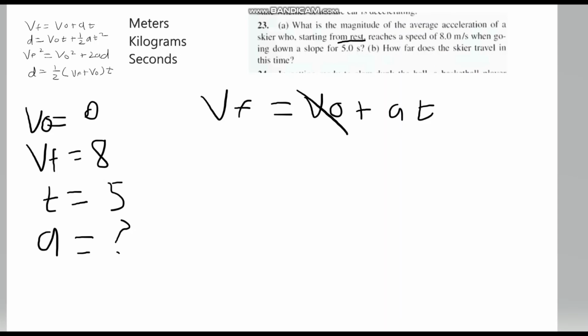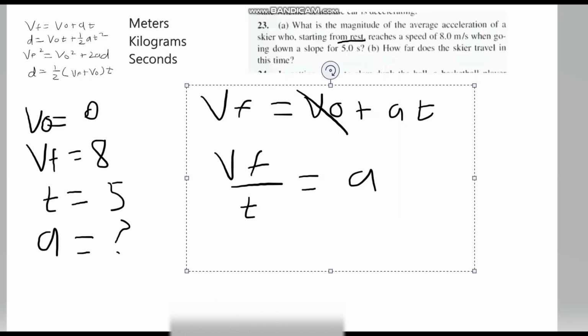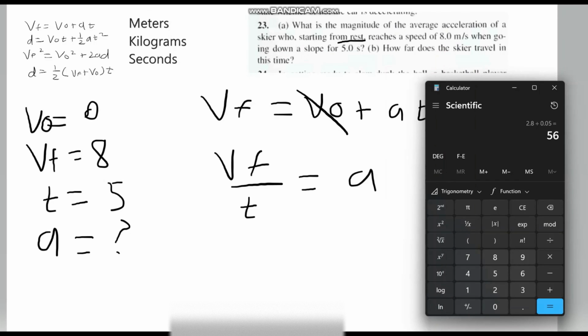Then velocity final divided by time is equal to acceleration. Boom! You already found the acceleration. You need it for the next part, because this is a 2-part problem.